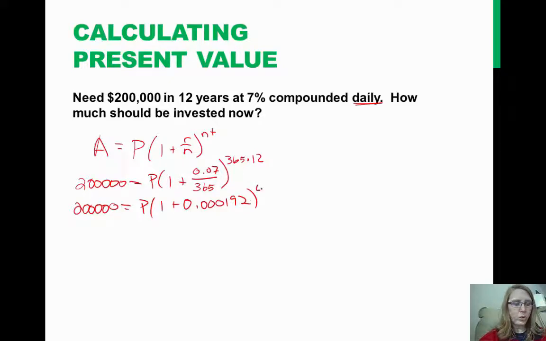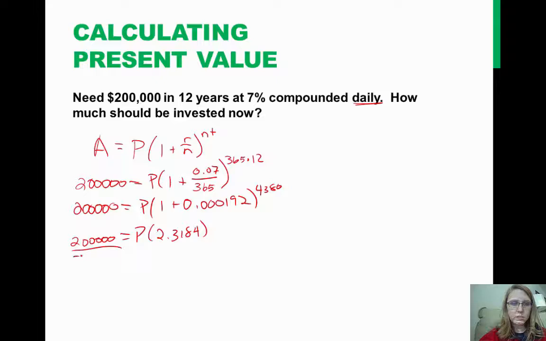That would be 4380. So let's even simplify it further. 1.000192 to the 4,380 power is 2.3184. So we still need to solve for P.